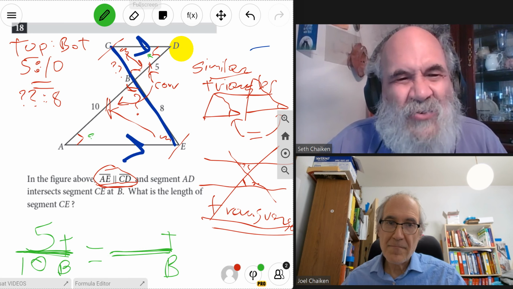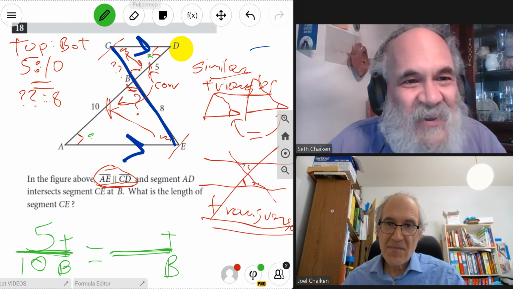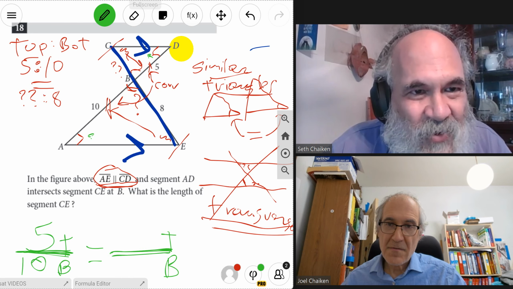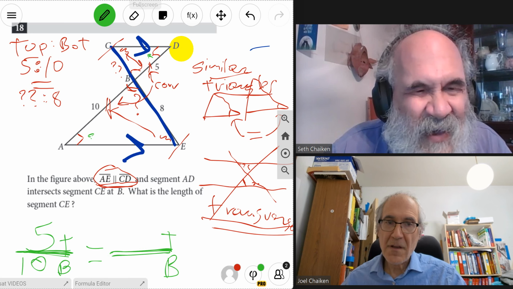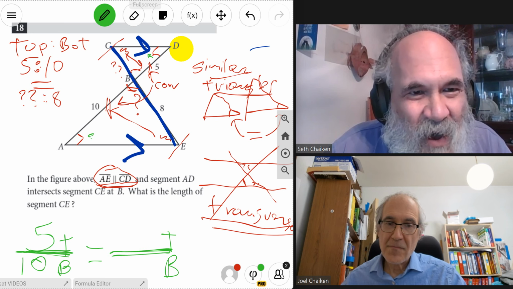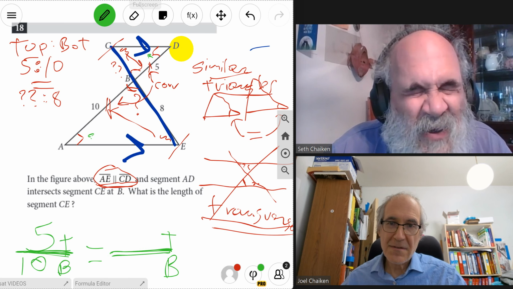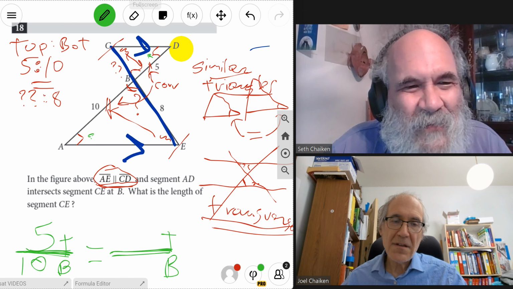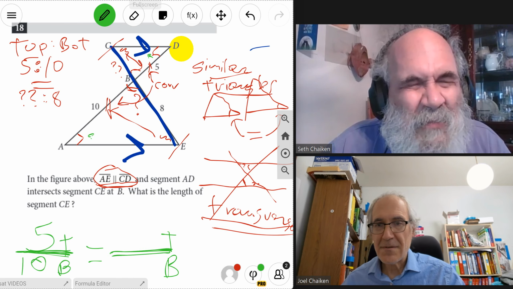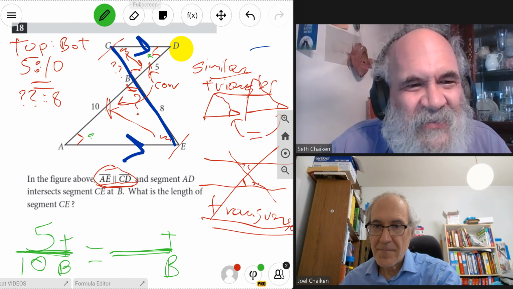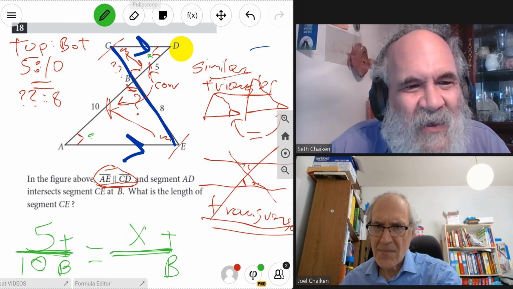So you don't have to go through an extra step of reasoning and think about the angles across from CB and BE being equal. Okay. So the problem is this is an unknown length that helps you get the answer.